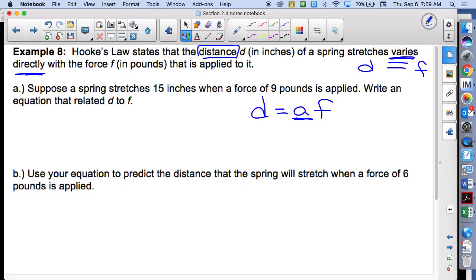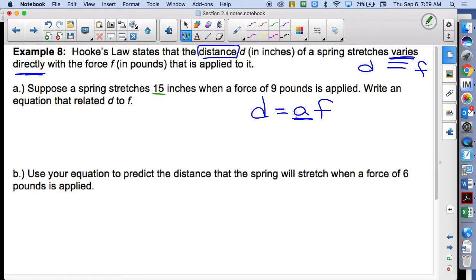It wants us to write an equation that relates D and F when they give us the fact that we're stretching a spring 15 inches by applying 9 pounds of force to it. What do you think you would do with that information to try and write an equation? Abby? Would you just plug the 15 and 9 into the equation? Yeah, plug those numbers into the equation.